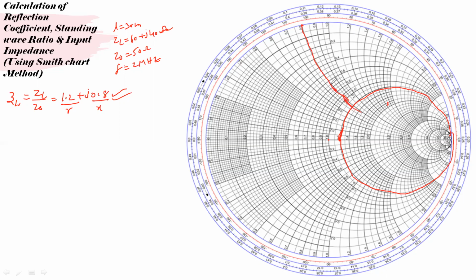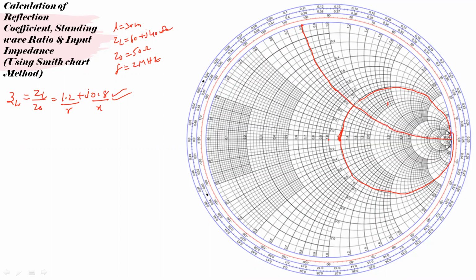So if we take the correct position, we can draw properly. I'm unable to get the correct shape here. So try to consider this. This is the 0.8 X circle. Let me draw it finally. Yes, this is 0.8.